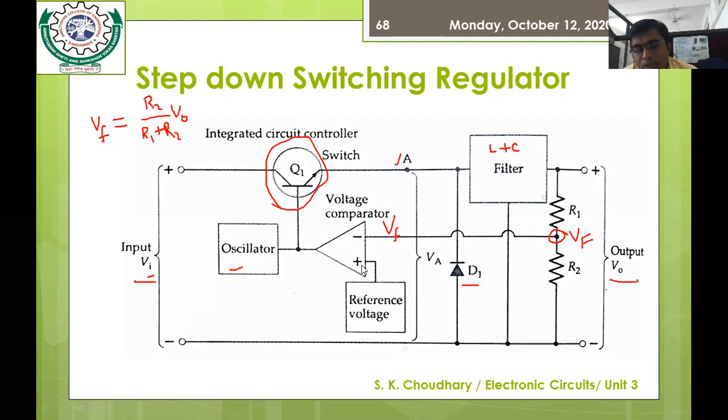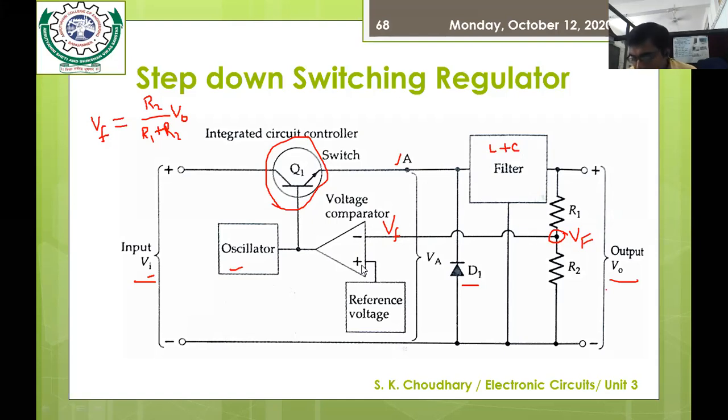The difference of these two voltages is called the error voltage, and this error voltage is proportional to the controlled DC output, because it is generated from the comparison of the controlled DC voltage at the output terminal and the reference voltage.